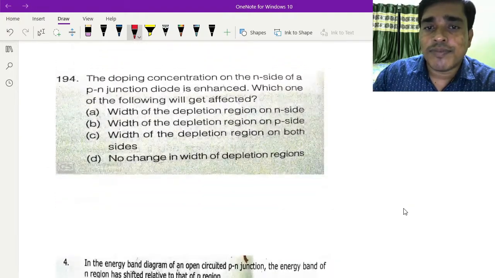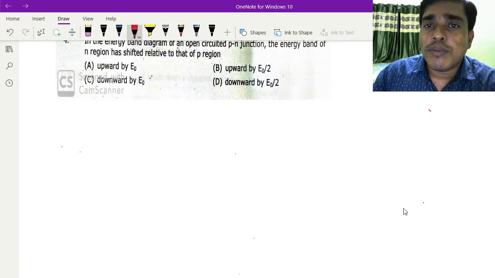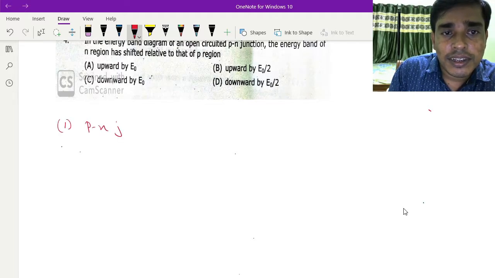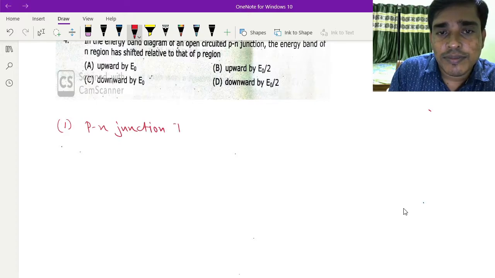Okay, so let's start. First of all, you should know how to construct a PN junction diode, or PN junction.